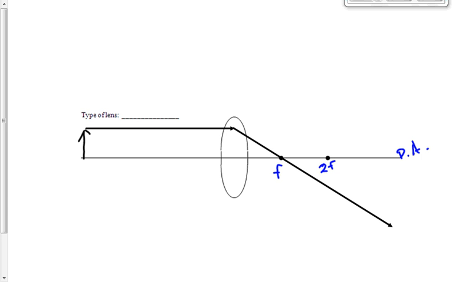Now, understand, when I draw this ray, it's a bit of a simplification. Because the reality is, the light doesn't bend once. The light bends twice. When it hits the boundary between the air and the glass, or the air and the plastic, it bends. And then when it hits the boundary on the other side between the plastic or the glass and the air, it bends again. So it actually bends twice. We're only drawing one bend, but the net effect is this.